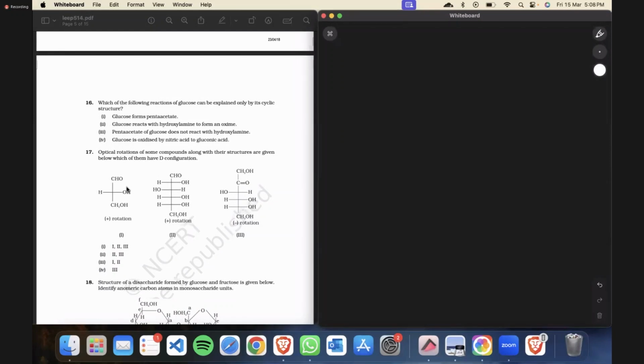Which of the following reactions of glucose can be explained only by its cyclic structure?